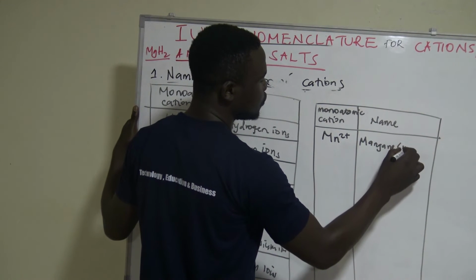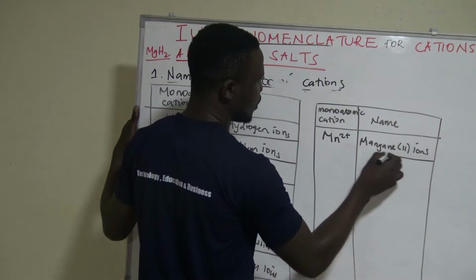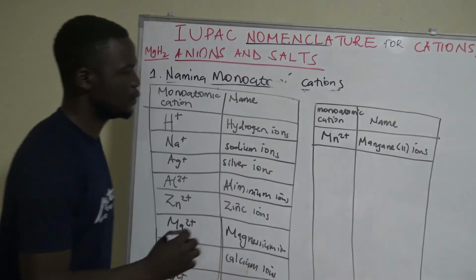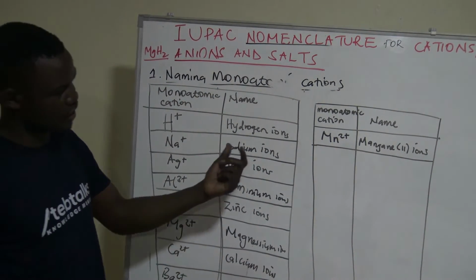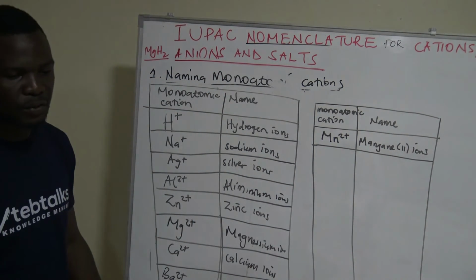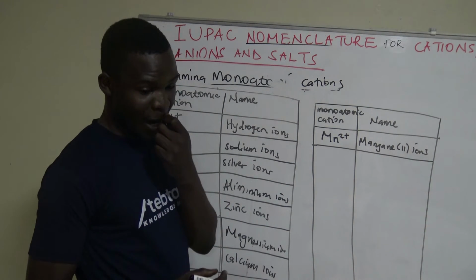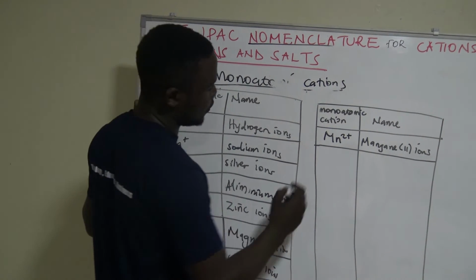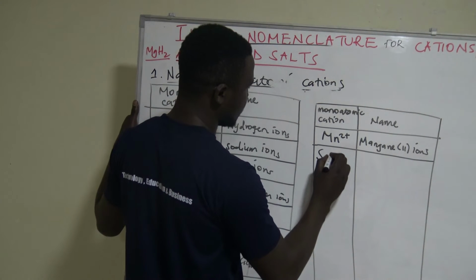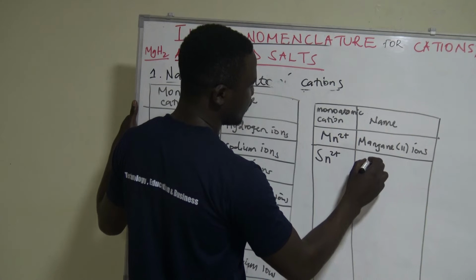So this one is manganese(II) ions. And I said that there is no spacing between the name and the parentheses. You just write it as one word. If we look at another element that is divalent, this is tin.